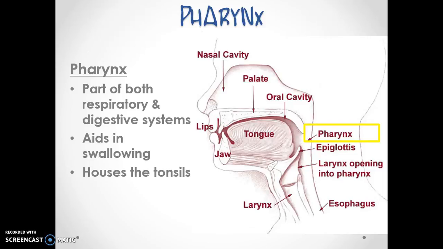Next, the pharynx is part of both our respiratory and digestive systems, because it also aids in swallowing. The pharynx houses the tonsils, and this is the structure of our pharynx, which is labeled here. It is located beside the larynx. Under the pharynx, there is the esophagus, which is part of the digestive system.